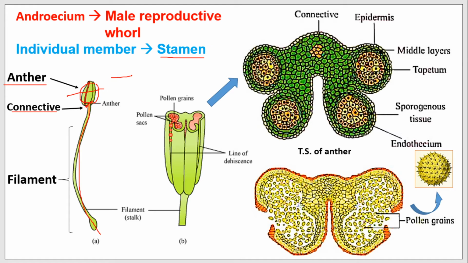If we take a transverse section of this anther, you will find 4 pollen sacs. In these pollen sacs, pollen grains are produced. So this is the structure or tiers of anther. Inside the pollen sacs, many pollen grains are produced.